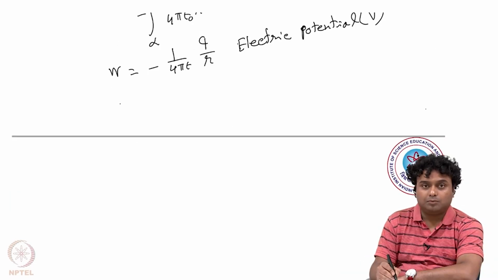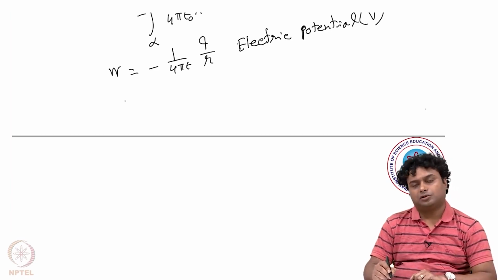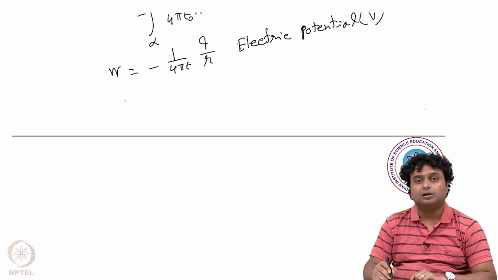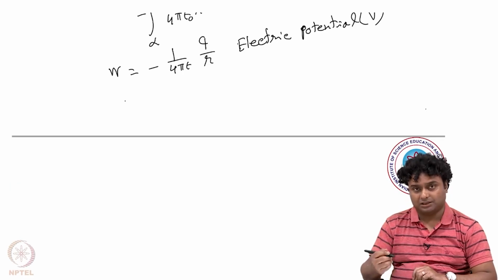Now another important concept you need to understand is that this electric field or potential, whatever we are calculating, is for open or free space, where there is no material. But if we have a material, like some metal or some dielectric, then depending on the material properties there will be some kind of polarization.